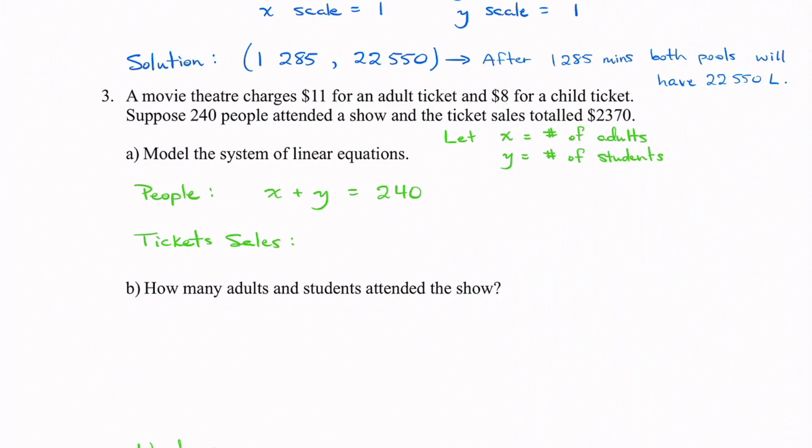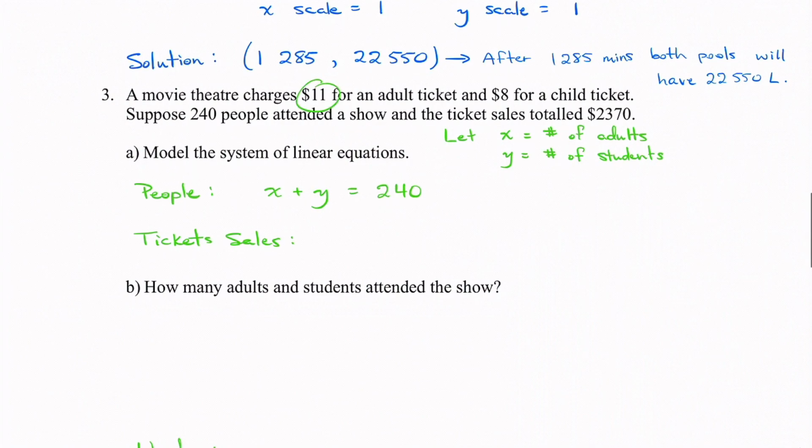So there's one equation. My ticket sales, I know that it's $11 for an adult ticket and $8 for a child ticket. So if you only had, say, 2 children come to the show, it'd be $8 and $8, you'd make $16. Okay, so you got to take the cost of the ticket, $8, and times by how many you had. So if you had 4 people, it'd be 4 times 8, you made $32.